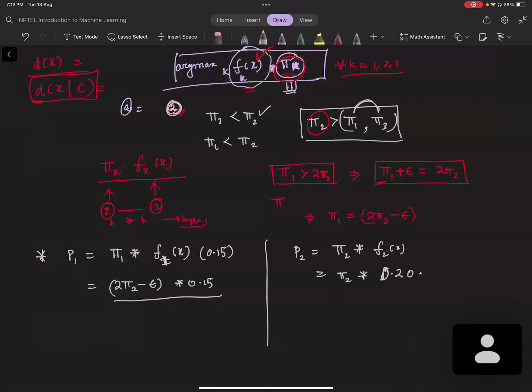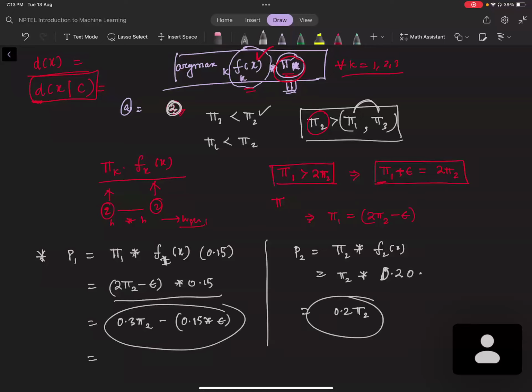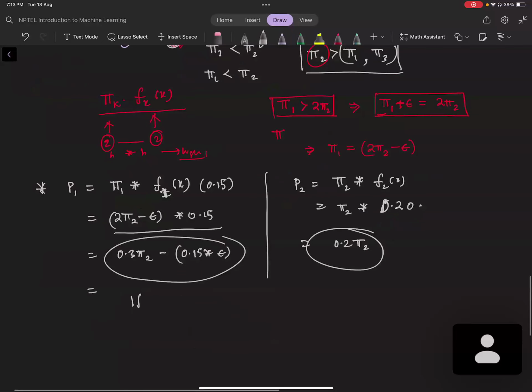Okay, so if I expand this, it will be 0.3 pi 2 minus 0.15 epsilon. Here it will be 0.2 pi 2. If you compare these two values, if 0.15 epsilon is less than 0.1 pi 2, that implies class 1 is the winner.